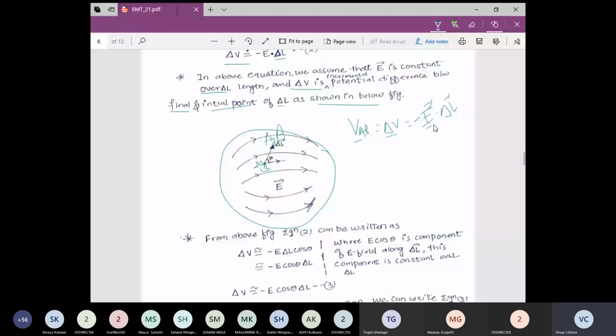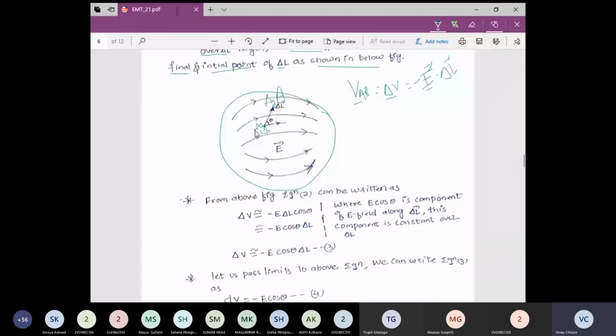Now you could see that this is the electric field and this is my displacement, or you could say this is my path, and the angle between them is theta.